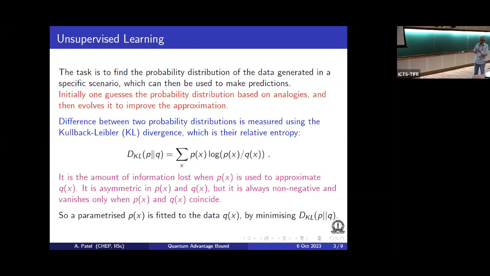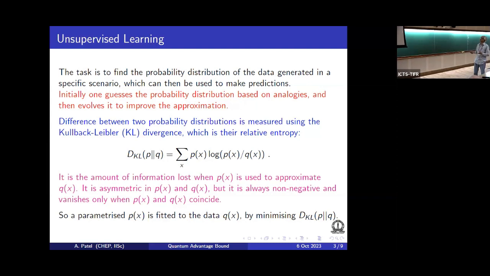So what is this particular topic of unsupervised learning? It is to find the probability distribution of the data generated in some scenario. And if you figure out that probability distribution, you can make predictions based on it. How are you going to find the probability distribution?